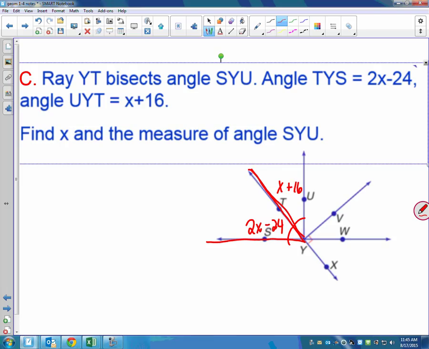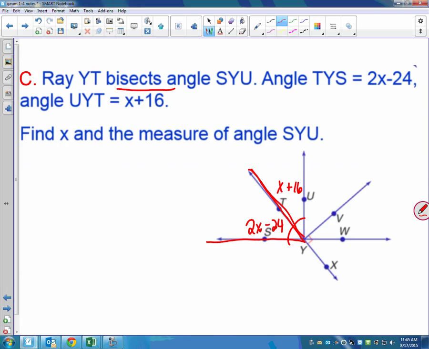They tell us it's x plus 16, but yes, it should equal the same thing. Or, that would be hard to solve that equation. If it bisects it, are we saying this is equal to this? Yeah. So is that my equation? Can I just say this equals this and solve that for x?